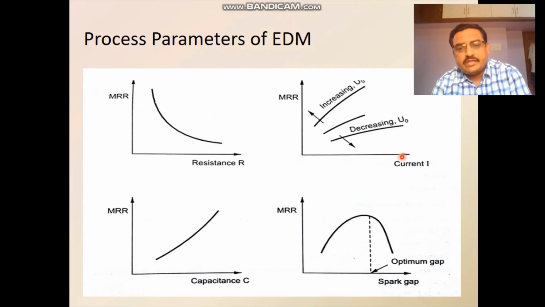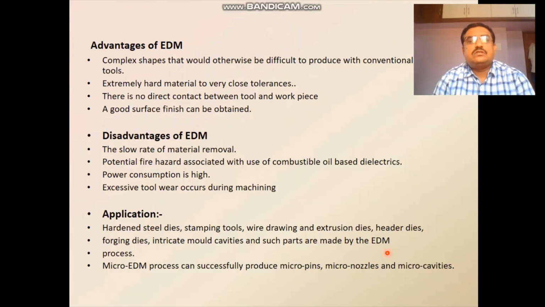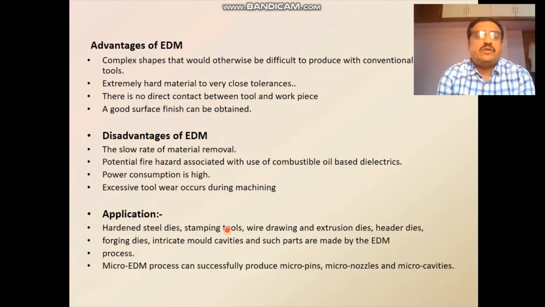If current is increased, there is an increase in metal removal rate. If the spark gap between tool and work is increased, MRR will increase to some extent, and then if the spark gap increases further, MRR will decrease.